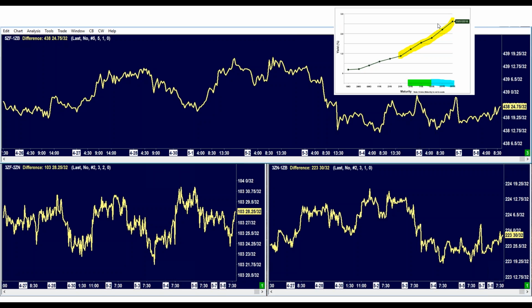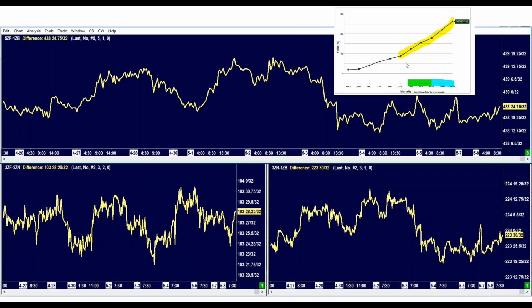Same thing with those who trade 2-year or 5-year versus the bond contract or the ultra. The bond contract or the ultra is going to be way more volatile. But put your common sense hat on. It makes sense why 30 years is more volatile than 2 years, right? There's more uncertainty. So the further you go out in the yield curve, the more movement you're going to see.